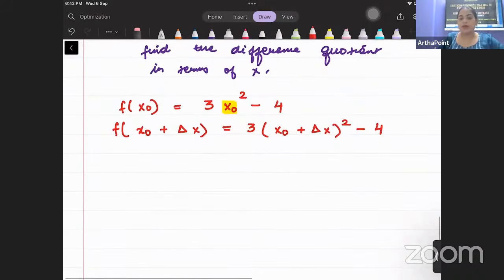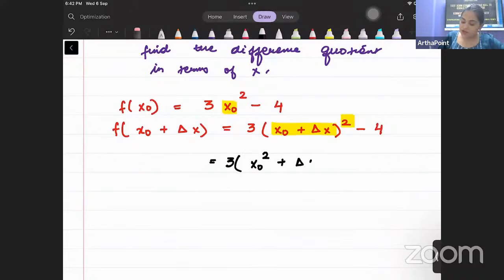Clear? Now look at this part, beta. This is (a plus b) whole square. What is that? a square plus b square plus 2ab. So this can be written as 3 times x naught square plus change in x square plus 2ab, and minus 4.